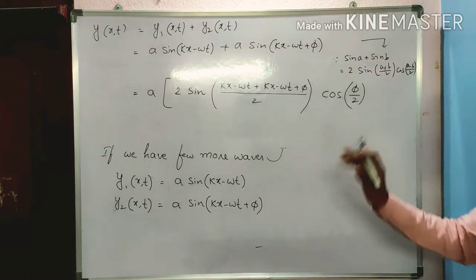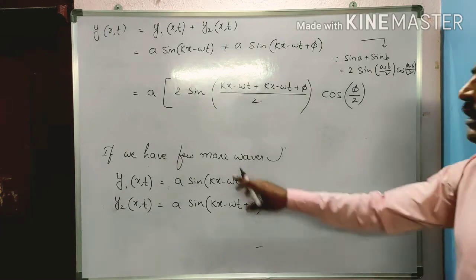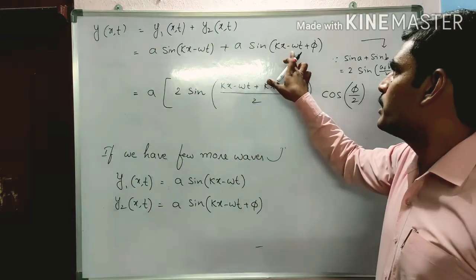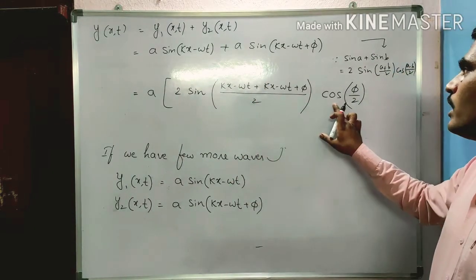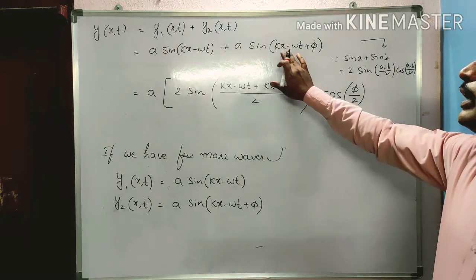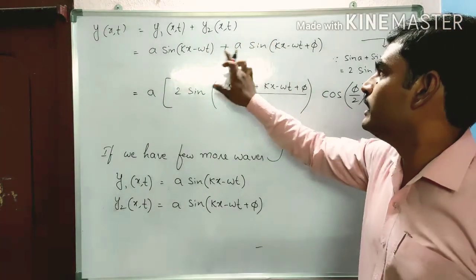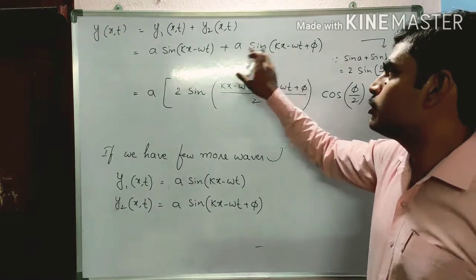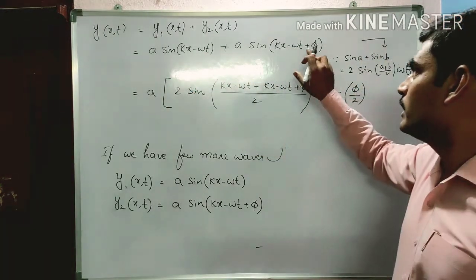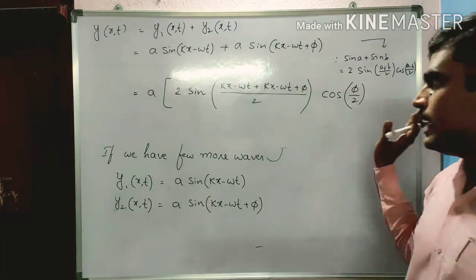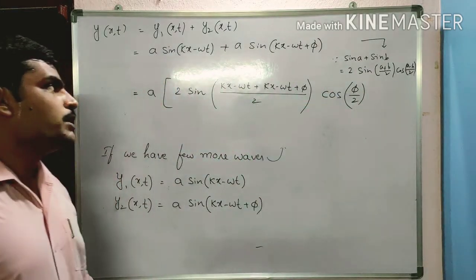Sin a plus sin b formula వాడినాం మనం. వాడేసినాక ఏమొచ్చింది 2 sin((a + b)/2) cos((a − b)/2). a minus b by 2 చేస్తే kx minus kx cancel, minus ωt plus ωt cancel, plus φ is as it is. So plus φ, cos(φ/2).